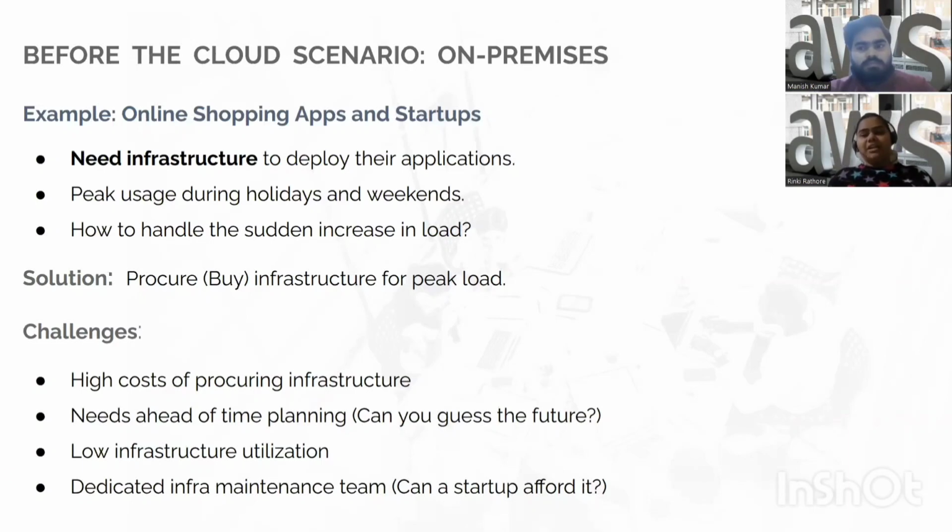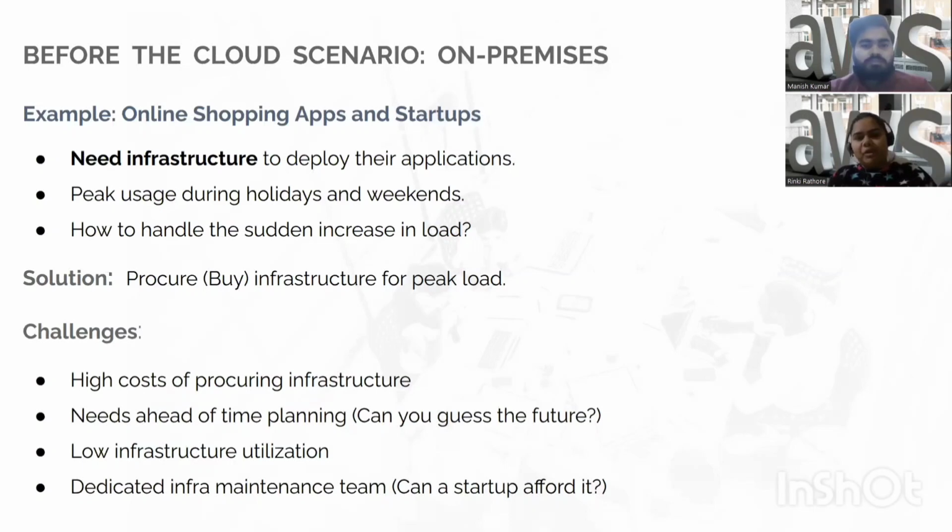The website could crash at these peak times. So what would these companies do? They would buy extra infrastructure so that they could manage that sudden increase in load. So buying this extra infrastructure was a problem.